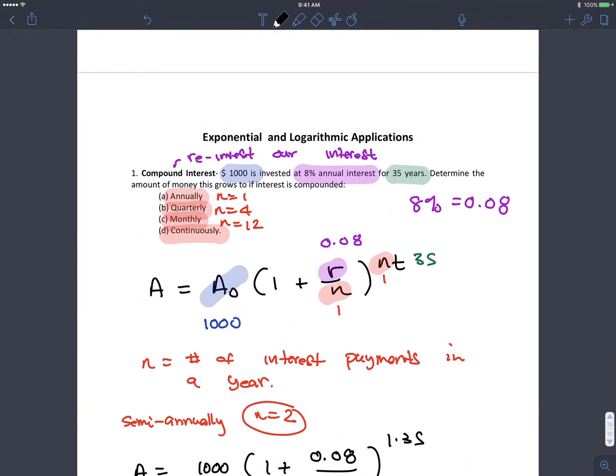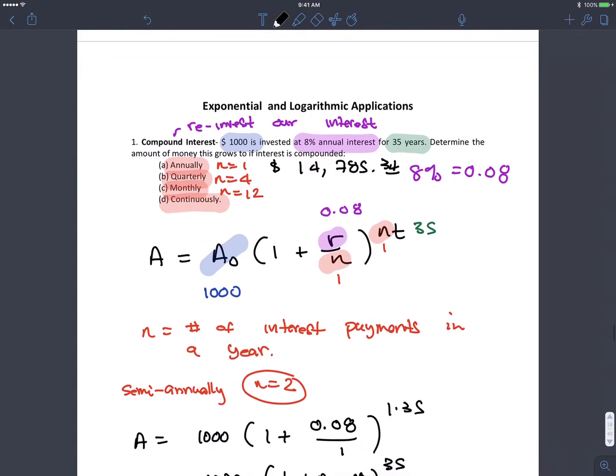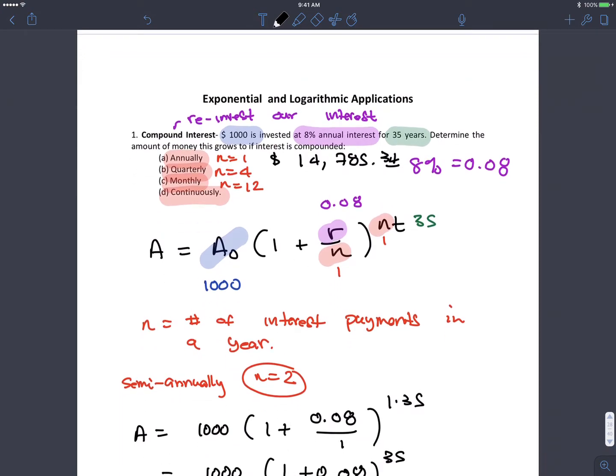I'm going to notate this next to our problem so we can see the effect. But this is $14,785.34. And that's when our interest is compounded annually.